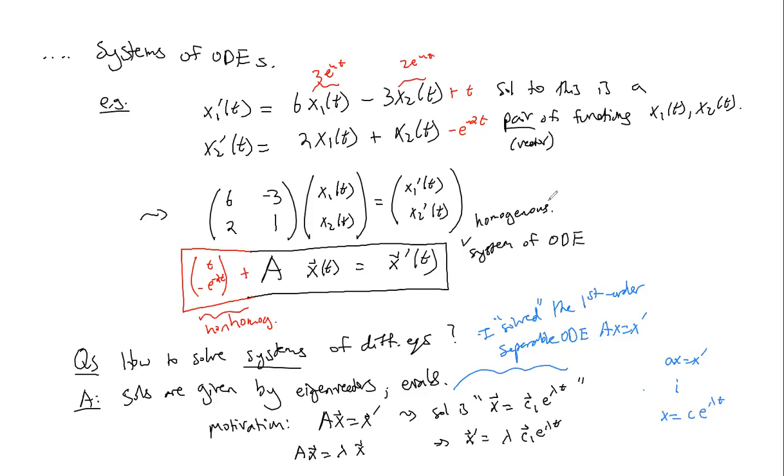Or, I guess, there's an A t. I guess it should be c e to the A t. A is nothing. This is all motivation. This whole thing should really be in quotes.